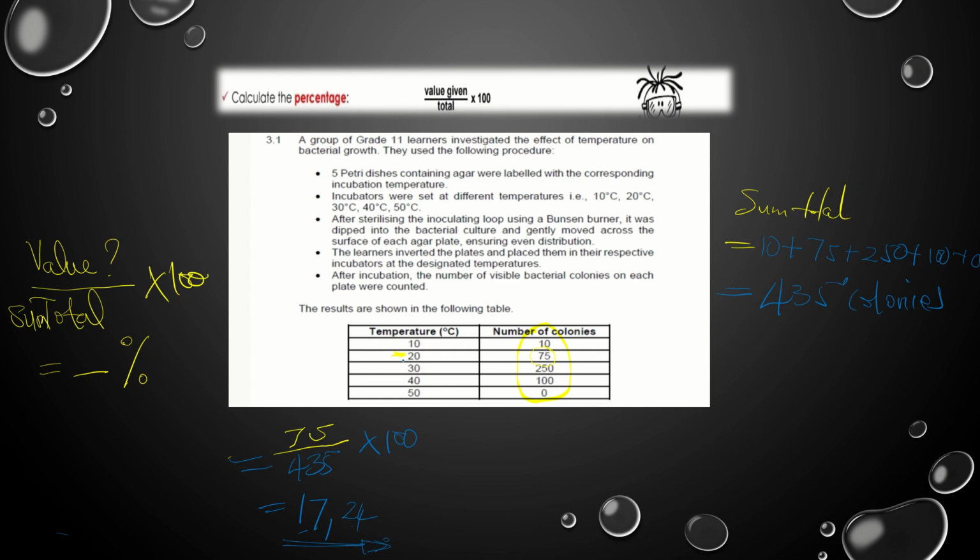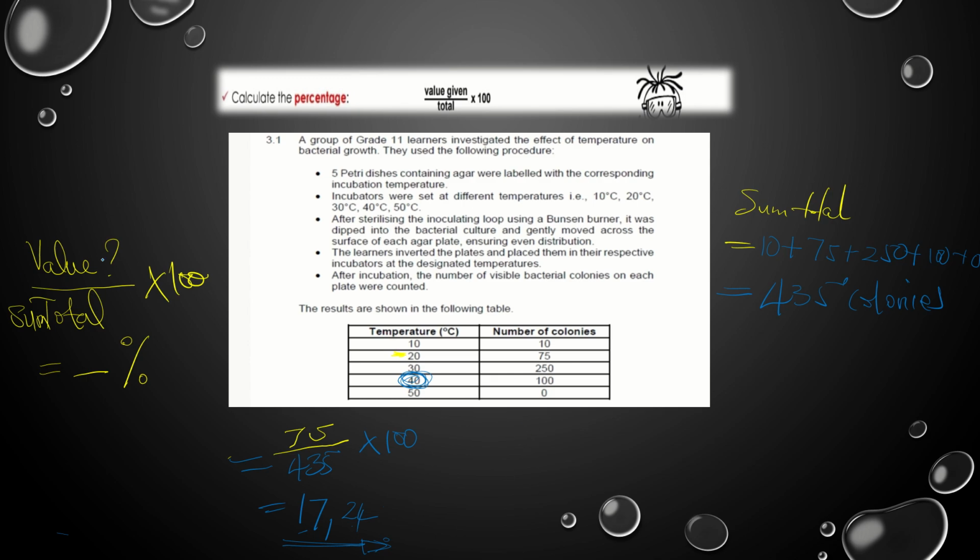Okay, so now just as a test, calculate the percentage of the number of colonies at 40 degrees Celsius. Okay, now let's continue. I hope you've tried it.